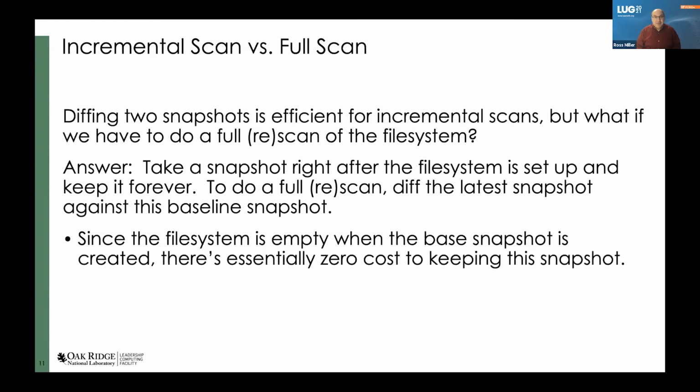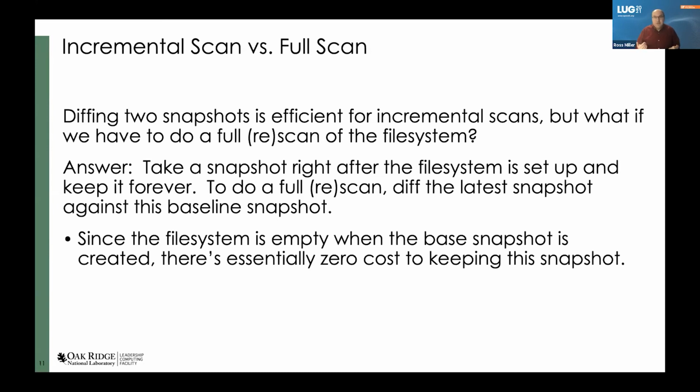It turns out a pretty simple workaround, as long as you have a little bit of forethought. Right after you set up the Lustre file system, take a snapshot and keep it around forever. At that point, if you ever want to do a full rescan, instead of diffing the current snapshot and the one from an hour ago, you diff the current snapshot against this baseline.